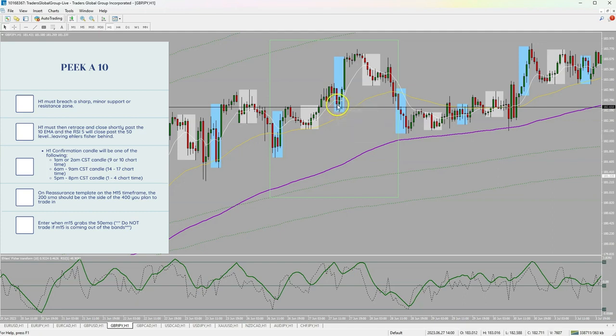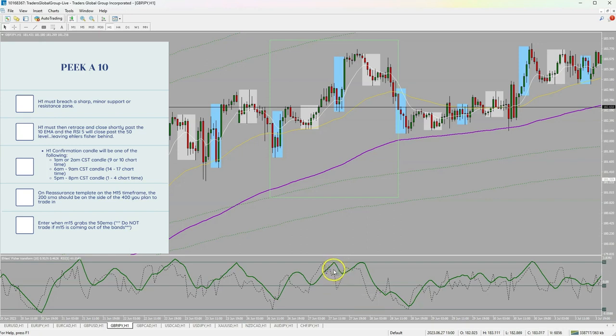At the same time, when that happens, I want the RSI 5, that's the dotted line, to be under the 50 level. I'll say under in this situation because we're looking for a buy. So I want the RSI 5 to be under the 50 level because we're looking at it like a slingshot action. It's going to come under the 50 and pow right back up to the upside. But when the RSI 5 is under the 50 level, it leaves the Ehlers-Fischer behind.